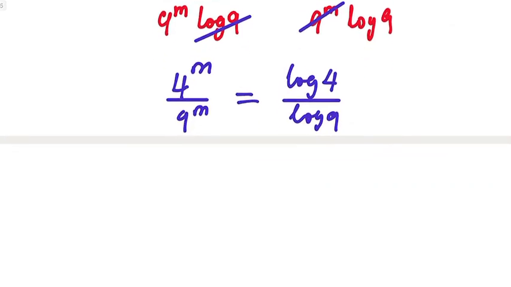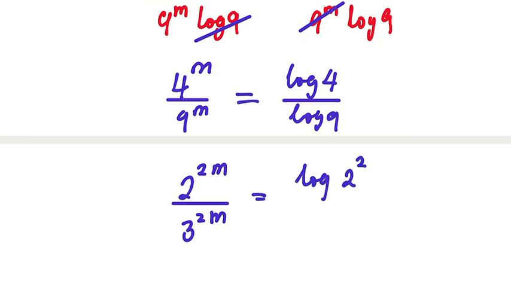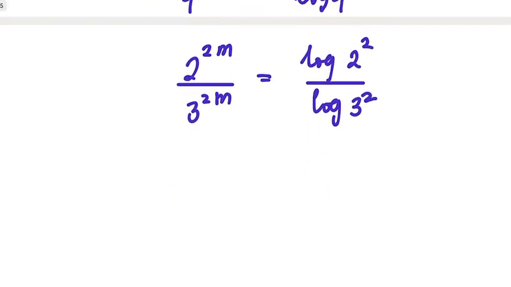Now from here we can rewrite this as 2 to the power of 2, that is m, divided by 3 to the power of 2, that is m, which equals log 2 to the power of 2 divided by log 3 to the power of 2. Okay, so moving on.